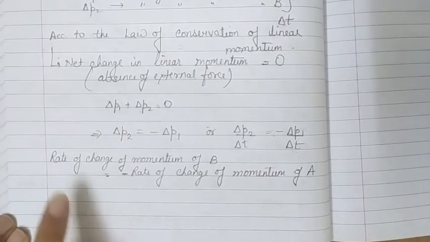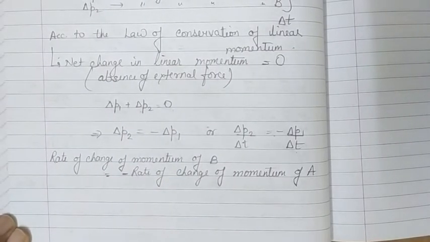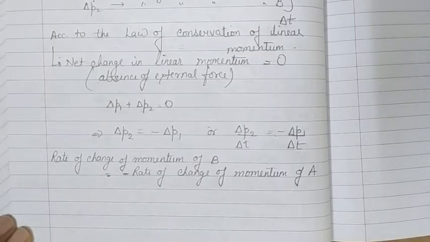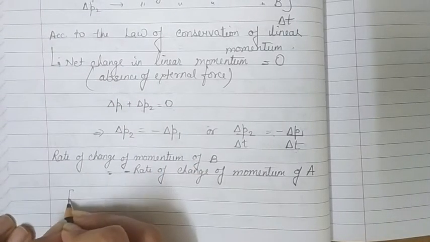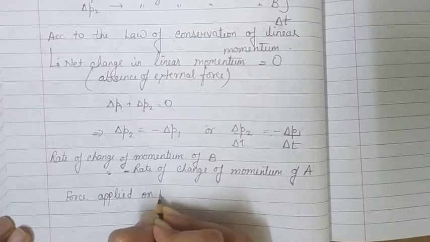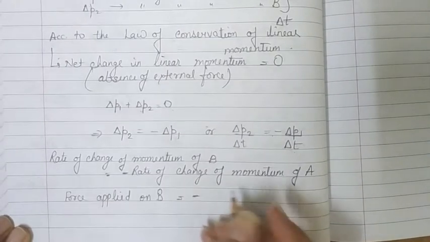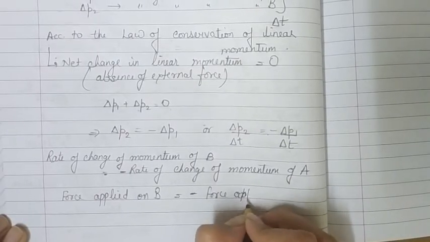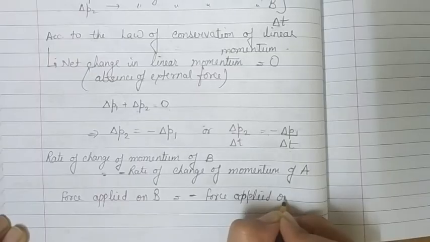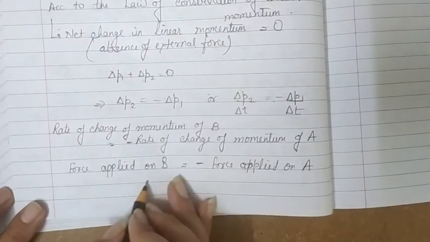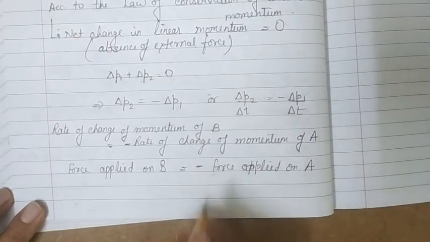Since these rates of change of momentum are equal and opposite, we know from Newton's second law of motion that the rate of change of momentum is equal to the force applied. That means this is the force applied on object B, and this is equal to the negative of the force applied on object A. Now this is action, and this is reaction during the collision.